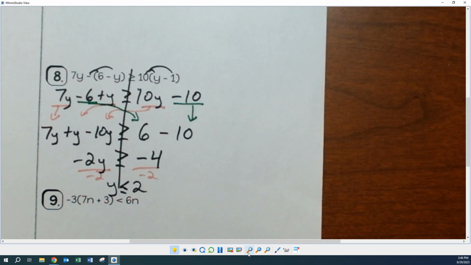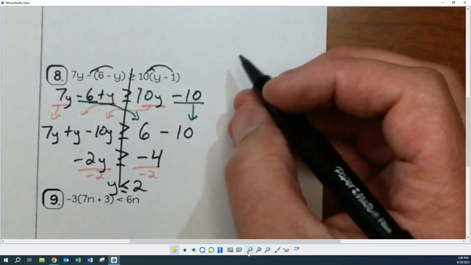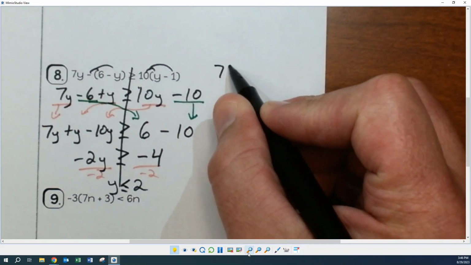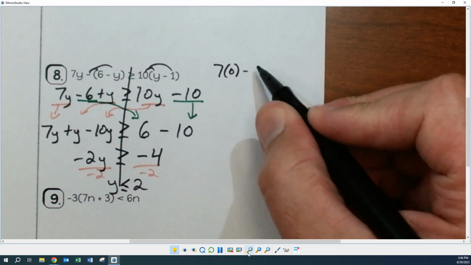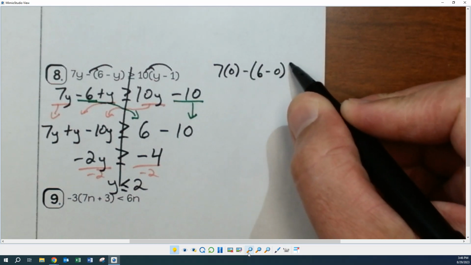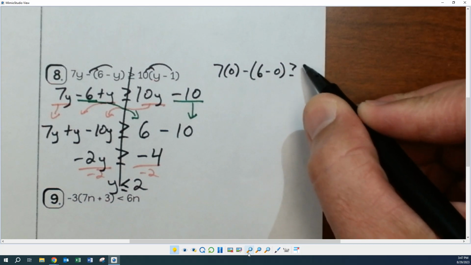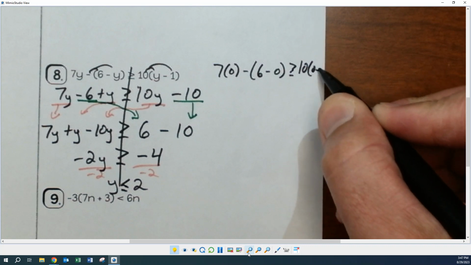So I'm going to go ahead and plug 0 in for this. It should work. 0 times 7 minus 6 minus 0. Is that greater than or equal to 10 times 0 minus 1?